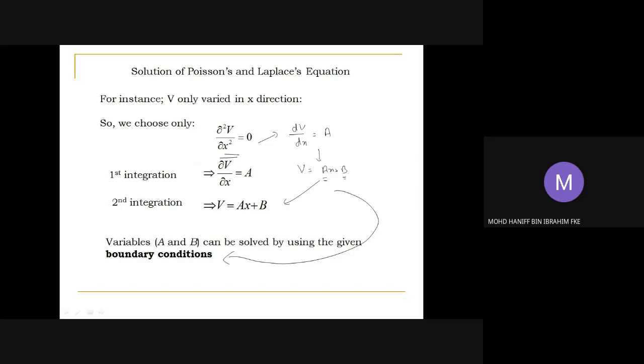The first is the area properties, which enable us to find the general value of V. Secondly, we need the boundary conditions, because they are used in calculating the constants A and B.